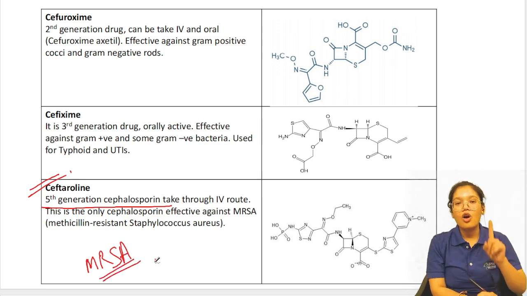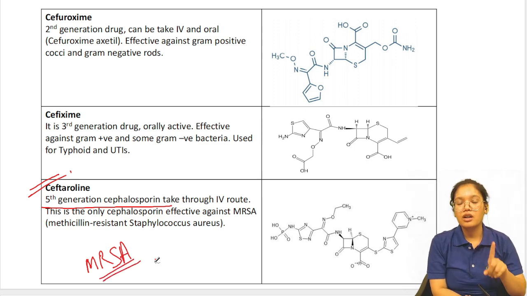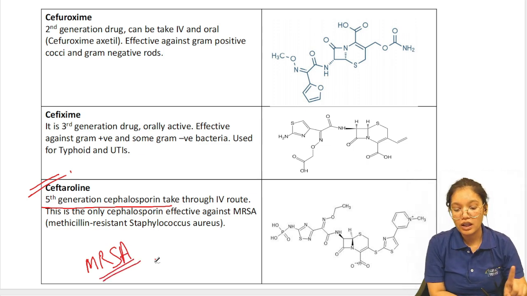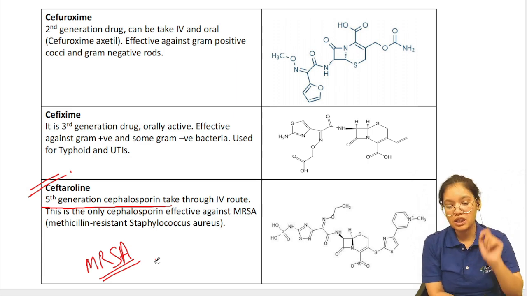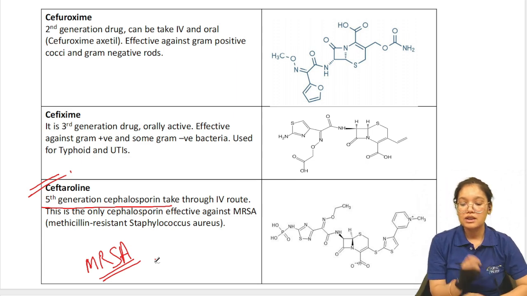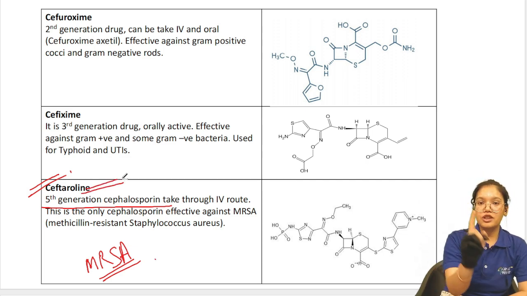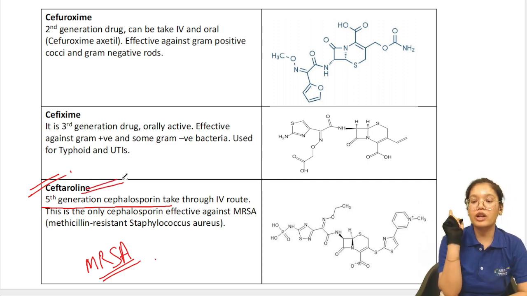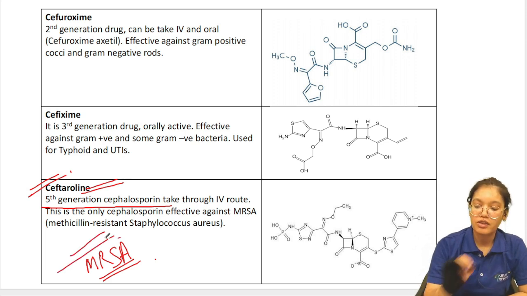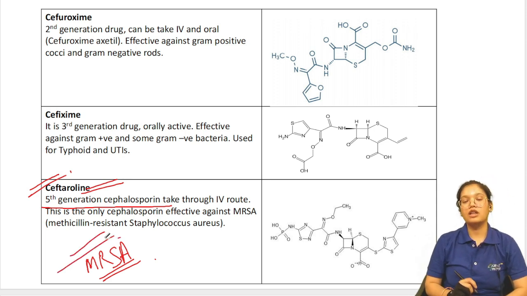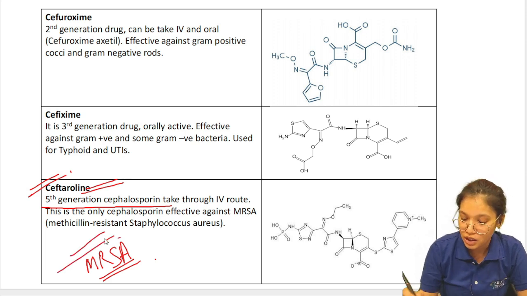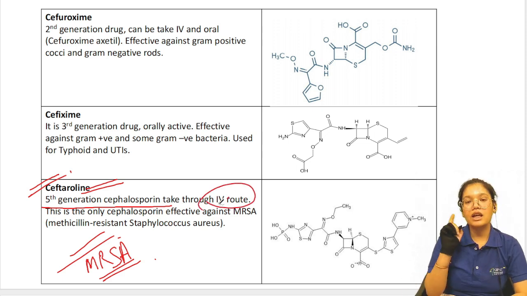All the other beta-lactam drugs were not working for this particular bacteria, but this drug, the fifth generation cephalosporin, is effective against MRSA. So you have to remember it. It is taken through the IV route.